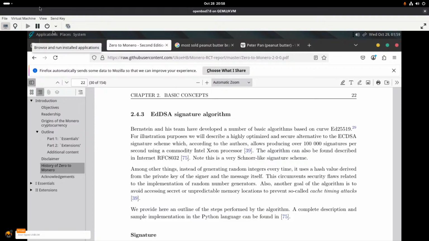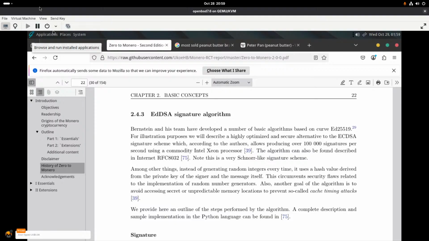Bernstein and his team have developed a number of basic algorithms based on curve Ed25519. For illustration purposes, we will describe a highly optimized and secure alternative to the ECDSA signature scheme, which, according to the authors, allows producing over 100,000 signatures per second using a commodity Intel Xeon processor. Based. The algorithm can be found described in the Internet RFC 8032.